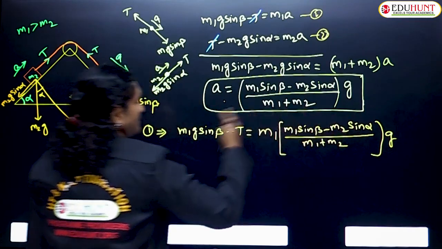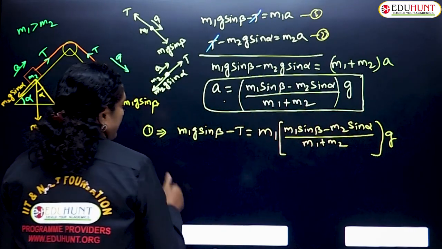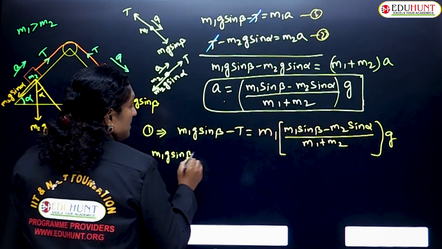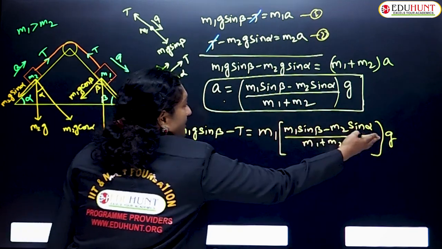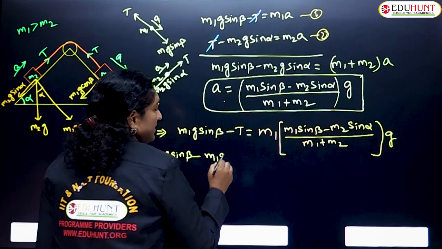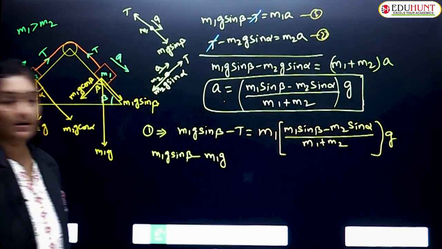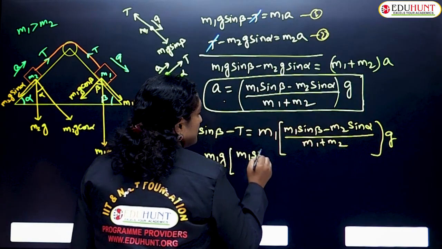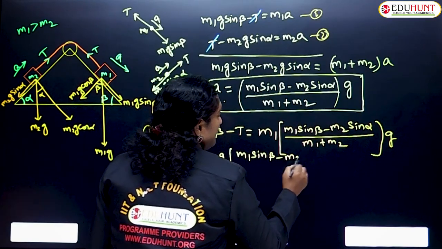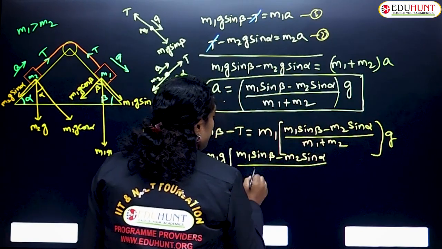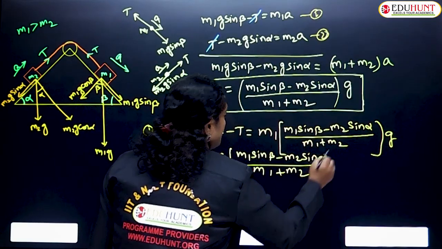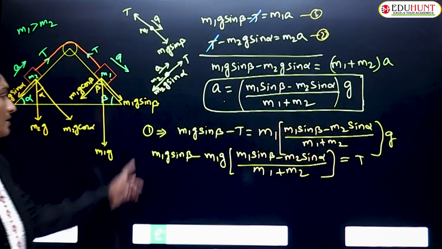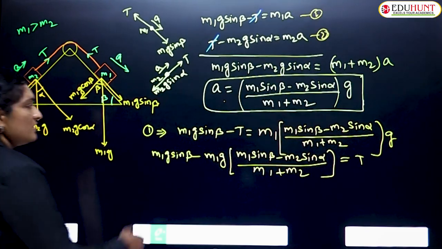Bringing the minus T to the other side, on the left side we have M1g sin beta minus M1g, writing it forward, we have M1g into the leftover term, (M1 sin beta minus M2 sin alpha) by (M1 plus M2), is the value of T. Minus T brought to the other side. In both the cases, we observe that M1g is common.